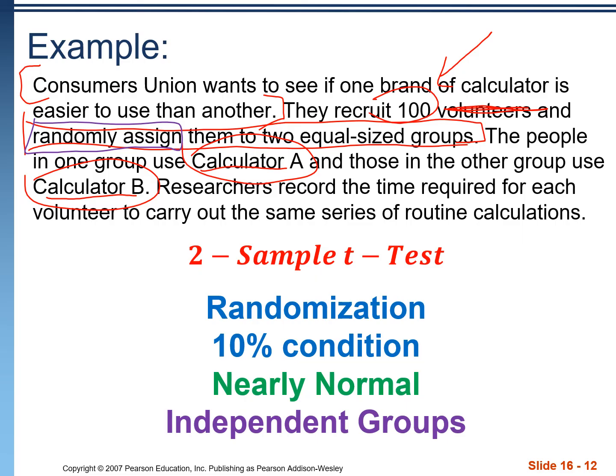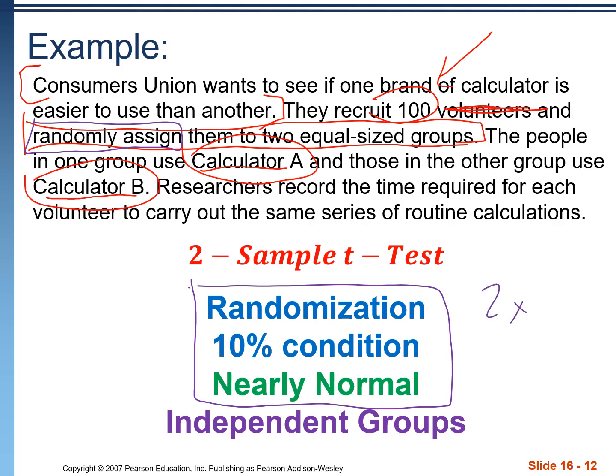Randomization, 10%, nearly normal. Again, we have to do these 2 times each, one for each sample. Okay, they're both sample size 50. So we would say that the central limit theorem applies. They'll both be approximately normal. And then lastly, check independent groups. The times using these calculators for one group is independent of the other.